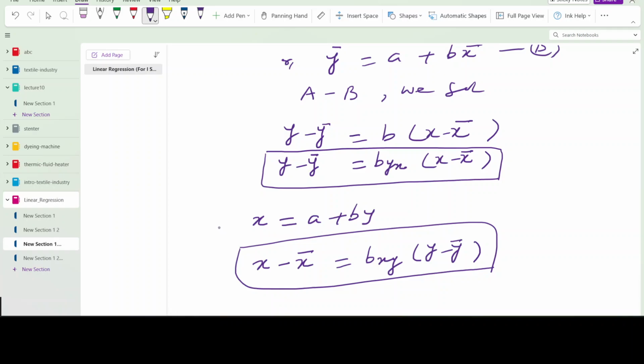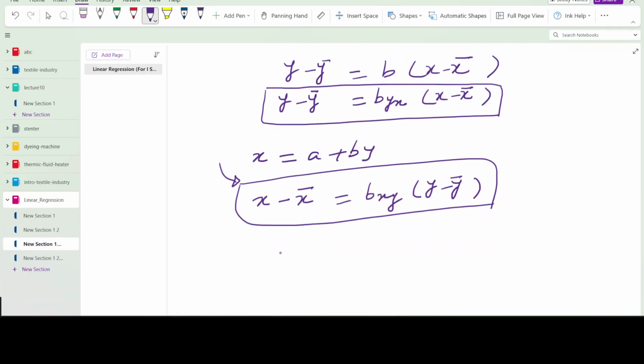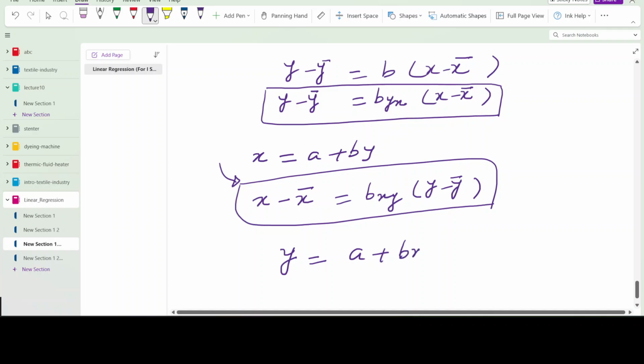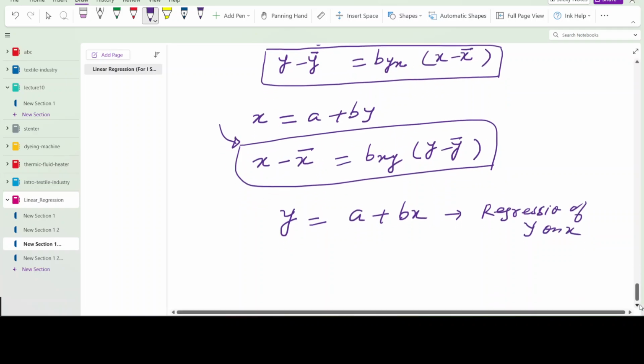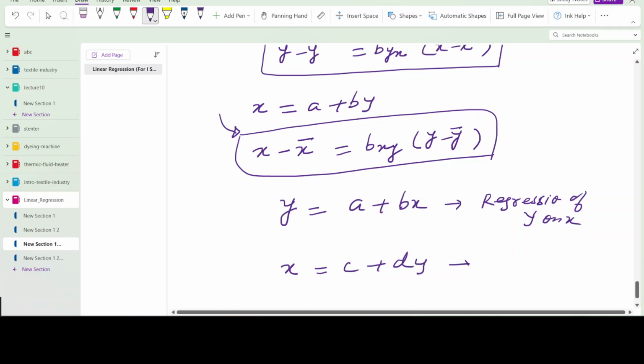So this is the term we have to be careful about: whether we are regressing y on x, or we are regressing x on y.